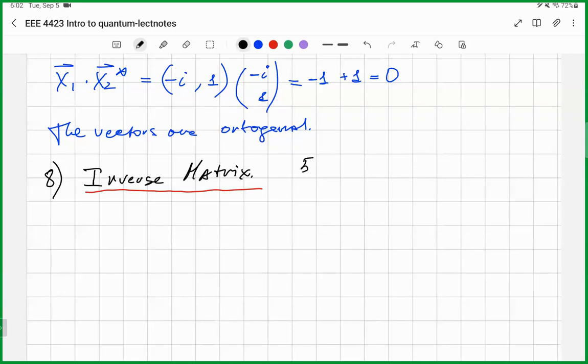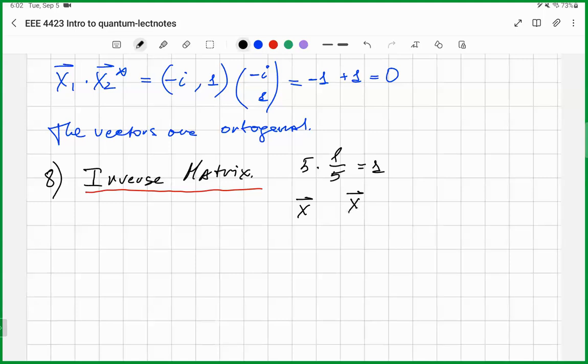What is the inverse number? 1/5. Why? Because the product of the two gives you 1. Or the same for the vector. Like if you have a vector x, what is the inverse vector?